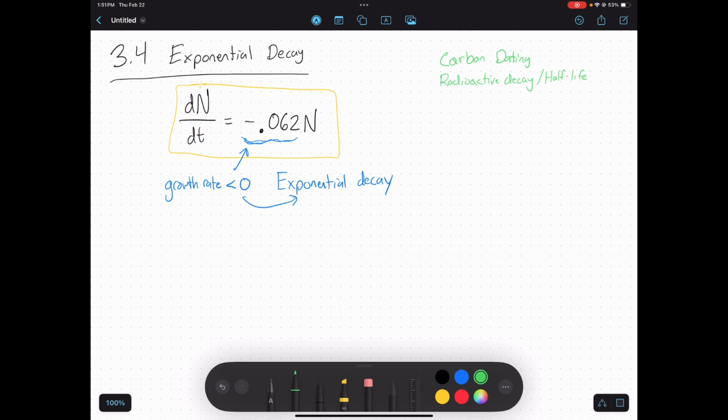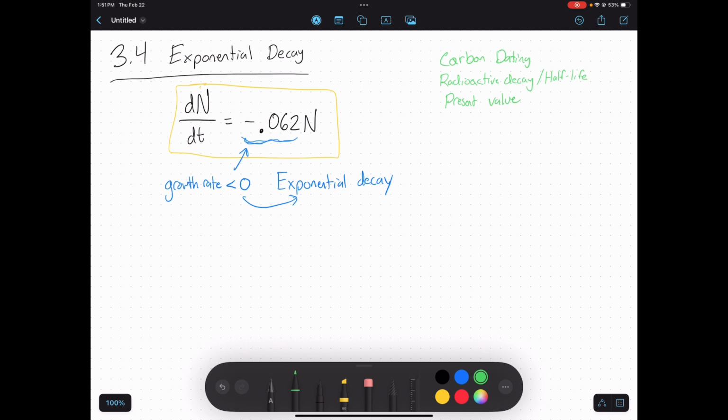Present value, if we turn to finances, present value is related to exponential decay, because present value is asking, okay, if I want a certain amount in the future, how much do I need to invest now? And it turns out you can calculate that using exponential decay functions.